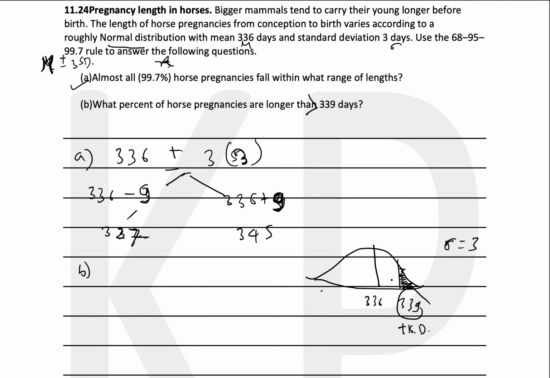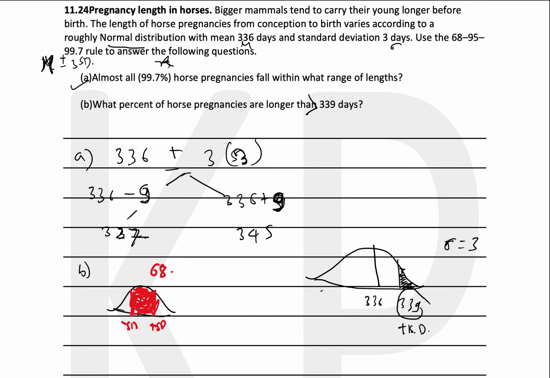You know that within one standard deviation around the mean, that's negative one standard deviation to positive one standard deviation, this entire area is 68%.